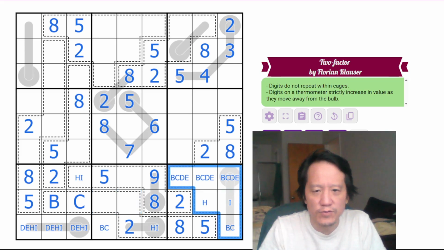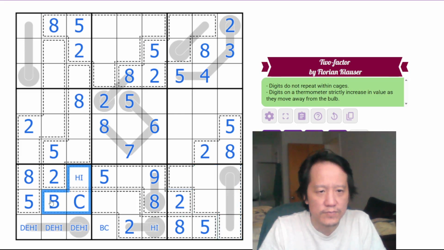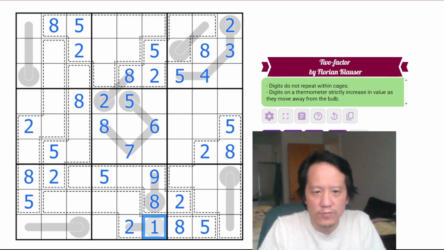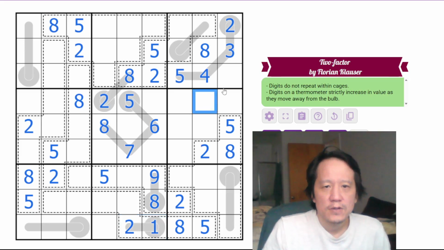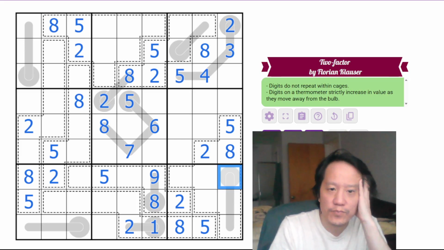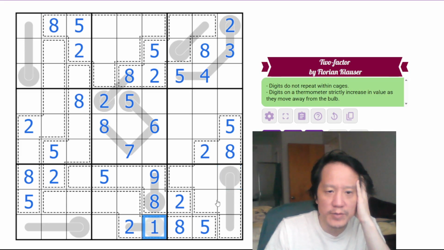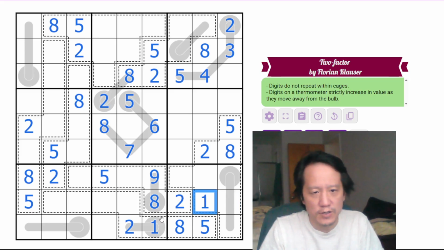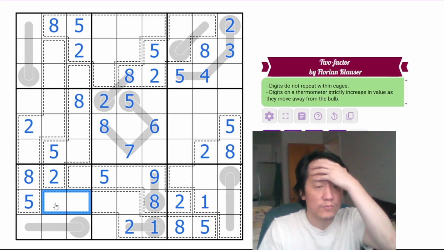And just figure things out, right? So this is obviously 1, because it's less than 2. This is at minimum. So this 1 must be an H or I. So one of these is 1. Obviously that can't be 1, so this must be 1 here, because these two match these two.